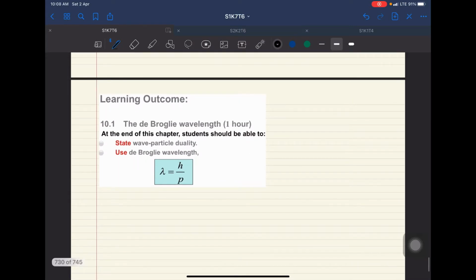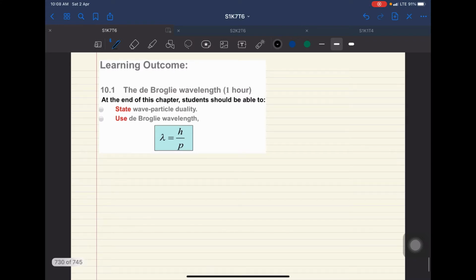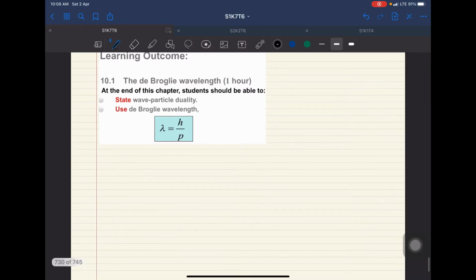The learning outcome for the first subtopic is that you need to be able to state wave particle duality and use the de Broglie wavelength. So this is the de Broglie wavelength. You have the derivation, you can check with the lecture notes, and it ends up with this equation, lambda equals h over p. h here is the Planck constant, 6.63 times 10 to the negative 34, and p is the momentum.